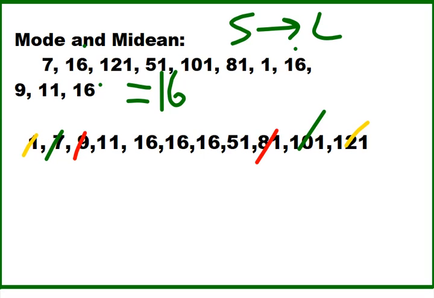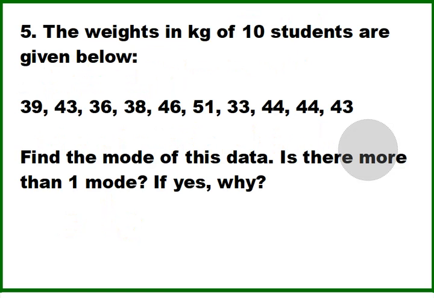And we don't need to be worried because we already sorted our data in ascending order. So the middle number is going to be our median, and in this case we can see that 16 is the middle number, and thus 16 is also our median. And so we move on to the next question.